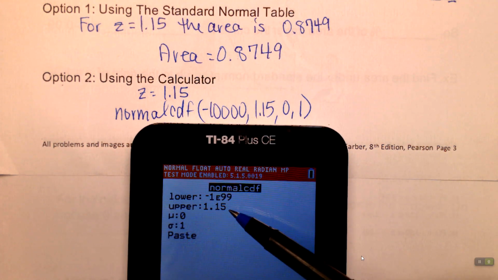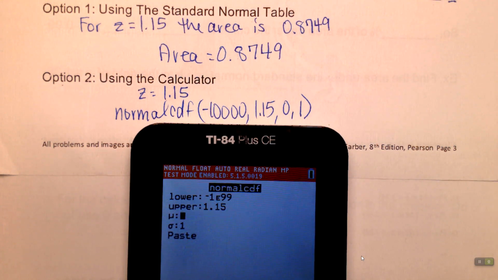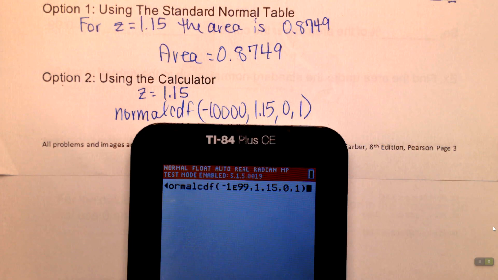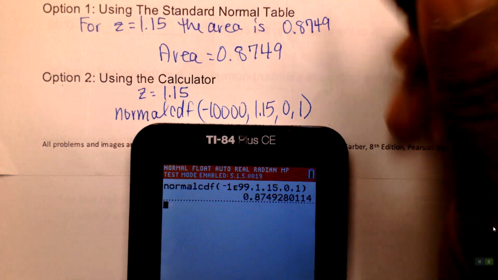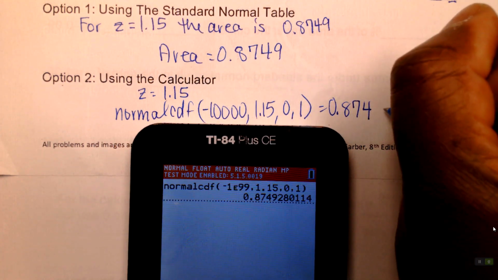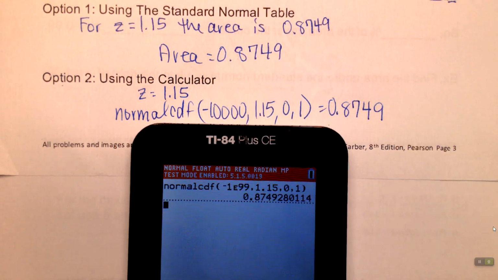So from my lowest z to my highest z, the calculator defaults to the standard normal distribution, so 0, 1. I don't have to change anything else but that one number. I confirm that what I have on my paper is what the calculator is about to calculate. 0.8749. So the calculator matches.